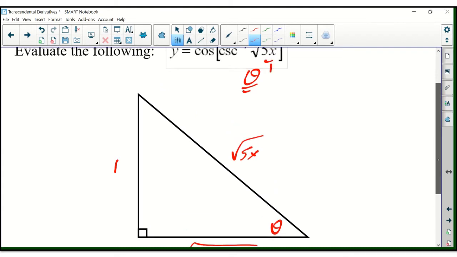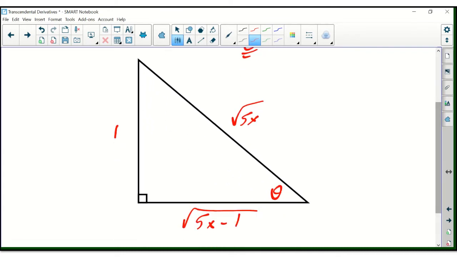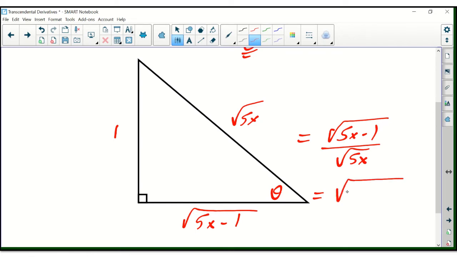And this asked us to find the cosine. So cosine would equal the square root of 5x minus 1 over the square root of 5x, which can actually be written as the square root of (5x minus 1) over 5x, if you rationalize the denominator.